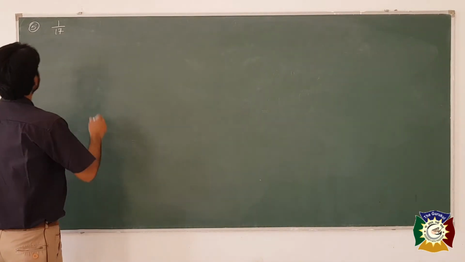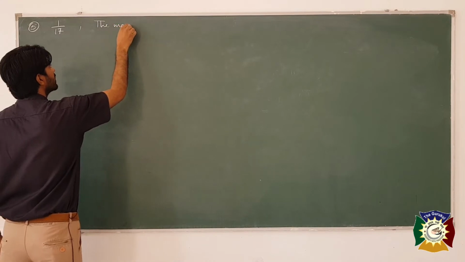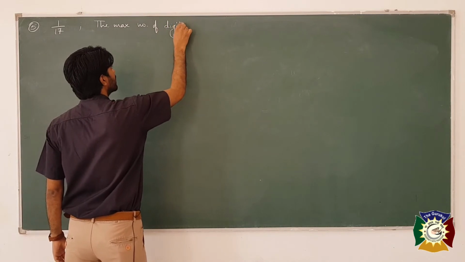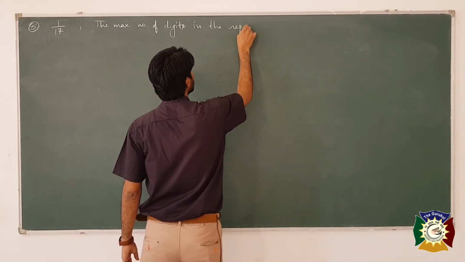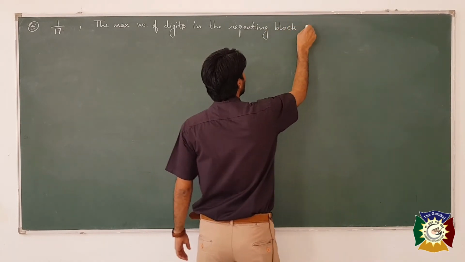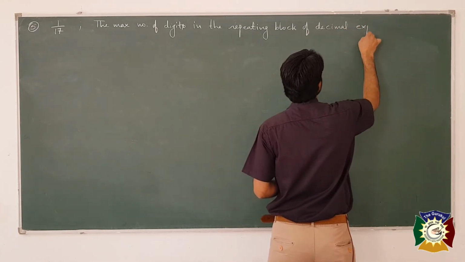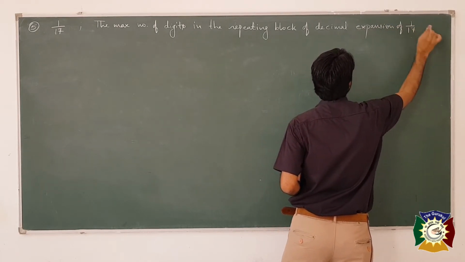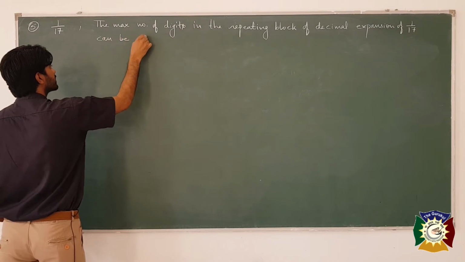So this is the given number. The maximum number of digits in the repeating block of the decimal expansion of 1 by 17 can be 16 only.